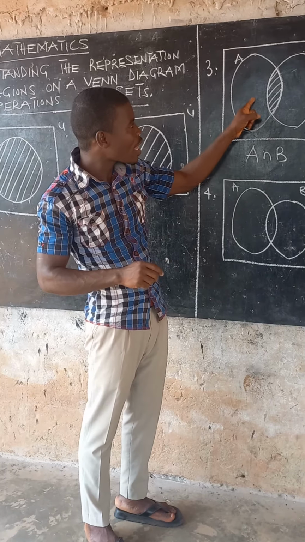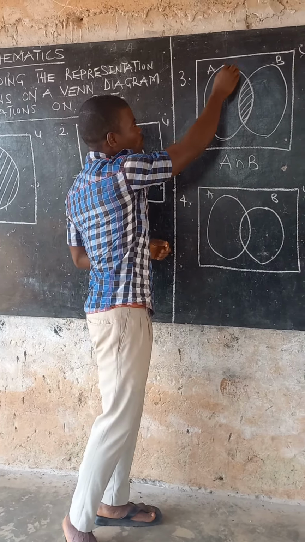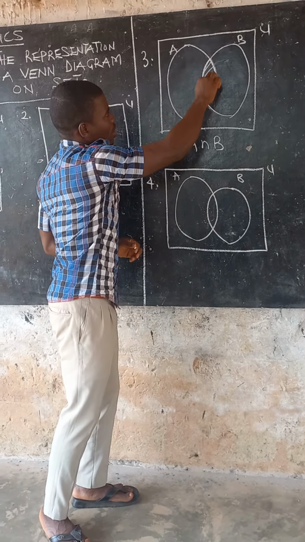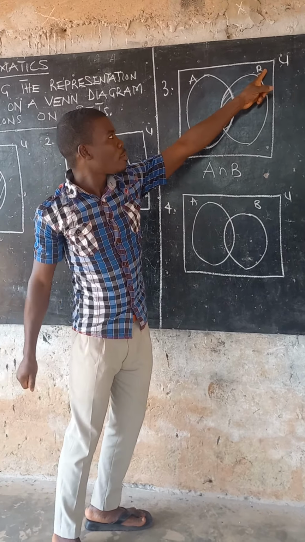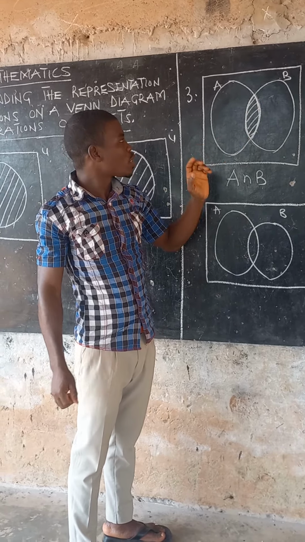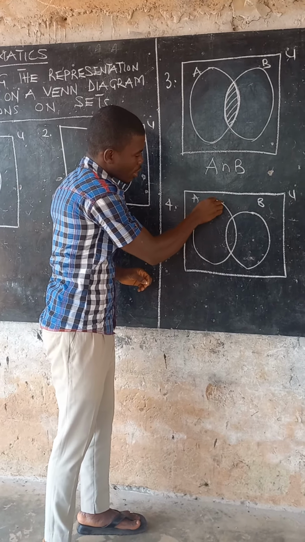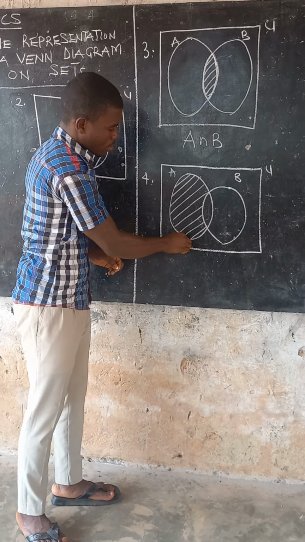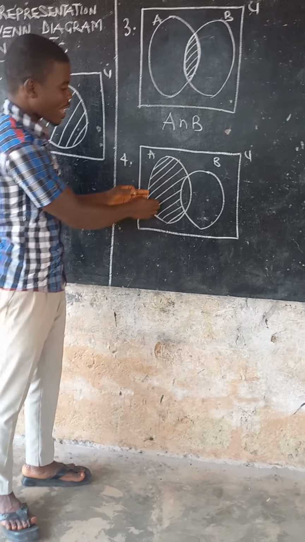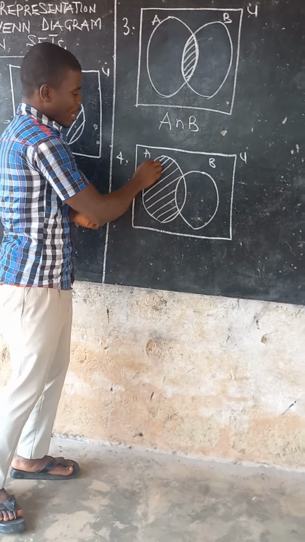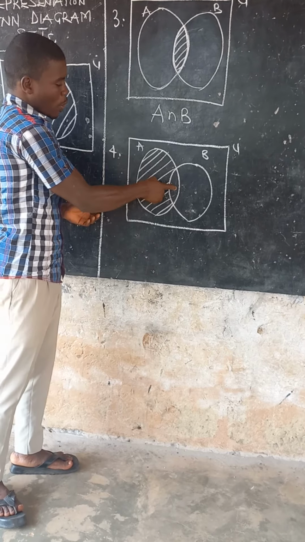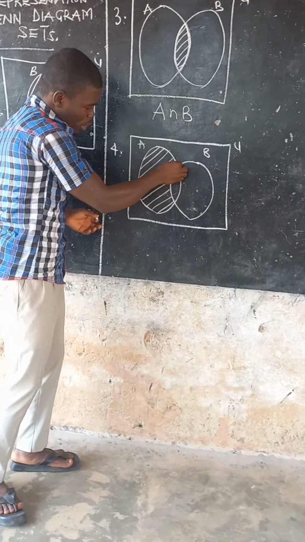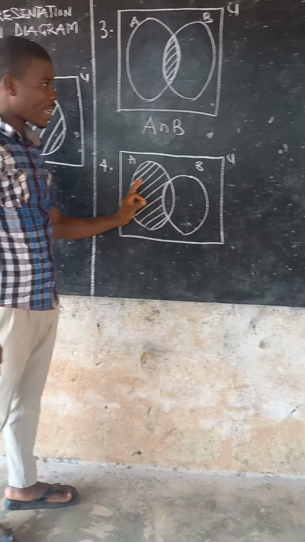You could see that the whole of this region represents A, but part of this section, B is also taking part of it. So it means that you have to find this place. So A only means find this place. But someone will ask, but the region is occupying this place? We are not asked to find this place, because B is also taking a portion of it. That is why we are taking this place only.